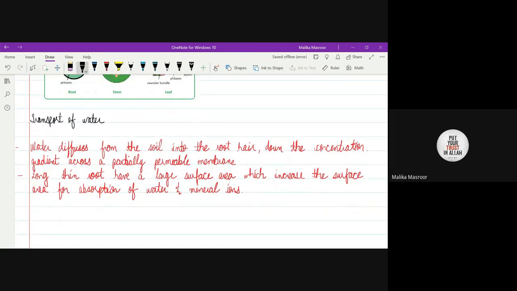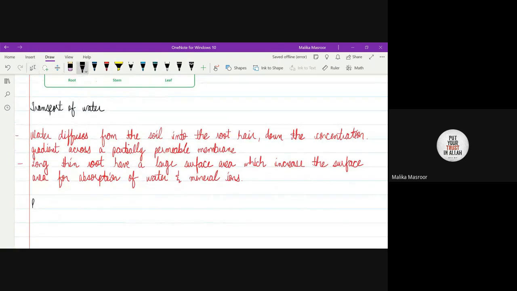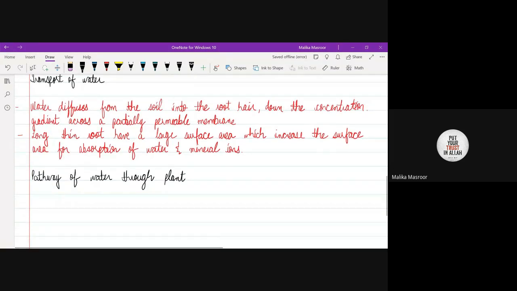Now if we talk about the pathway of water through the plant, how does water actually move? This is when we got it into the root. Now what will happen to it? Root hairs are on the edge of the root and xylem vessels are present in the center. So water will travel by osmosis through the cortex from cell to cell.